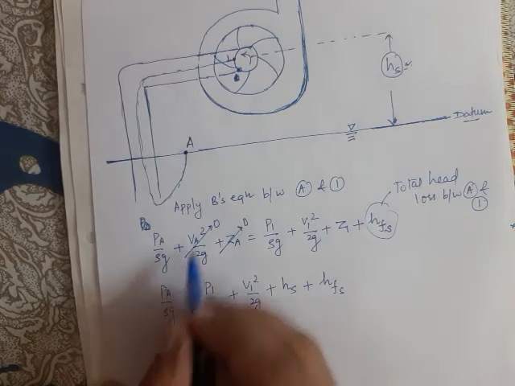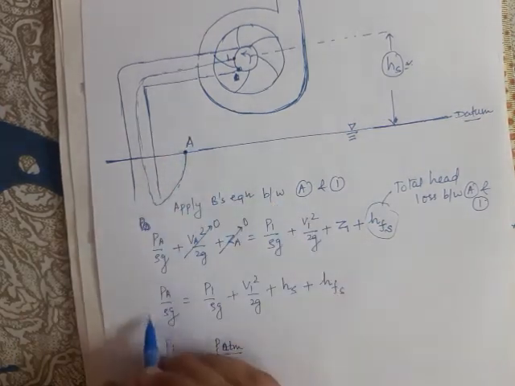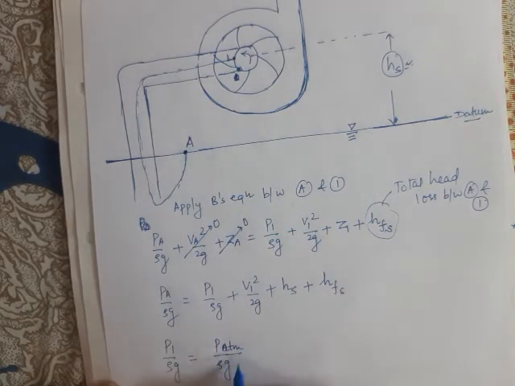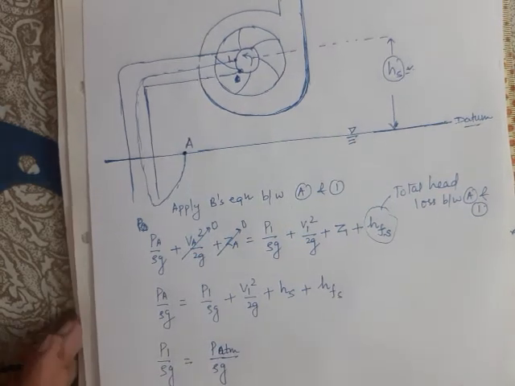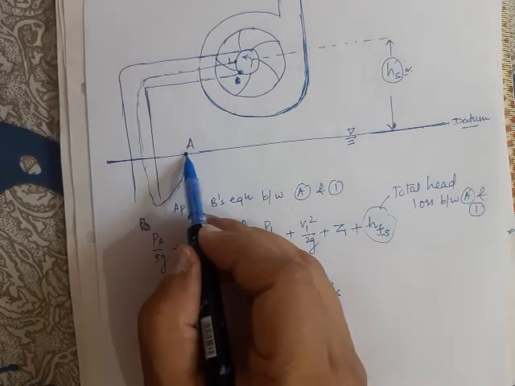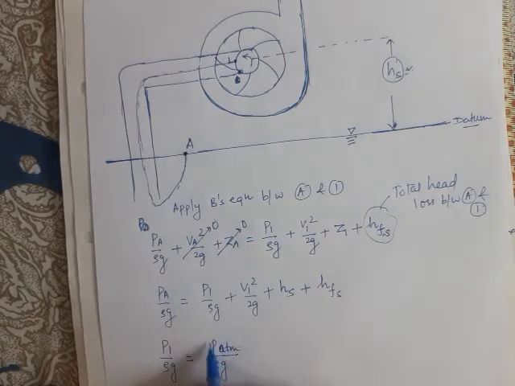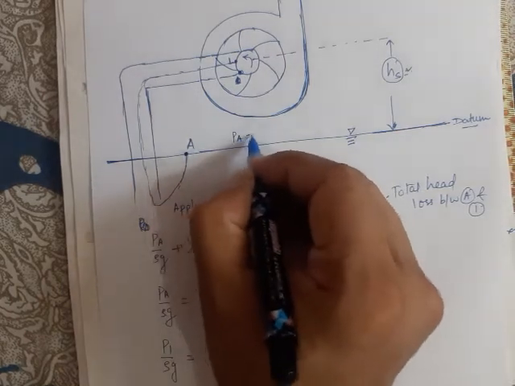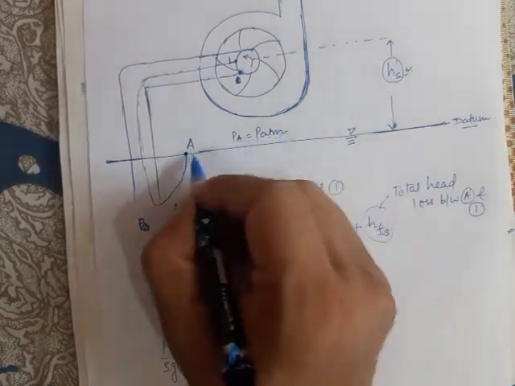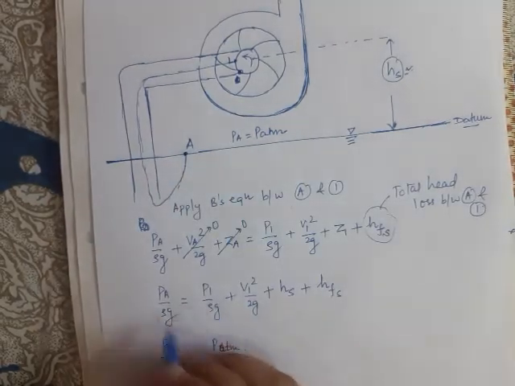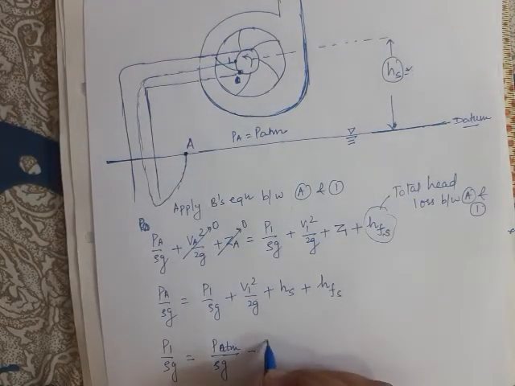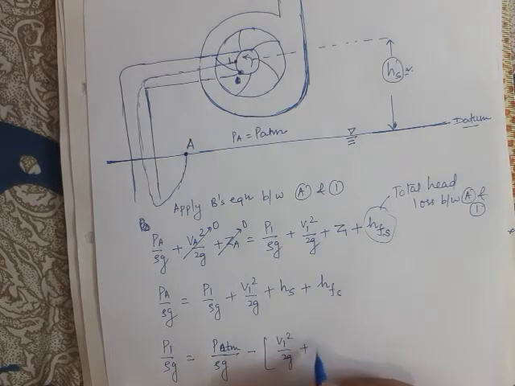The pressure at point A is the atmospheric pressure, so PA is denoted by PATM. So P1 by rho g will be PATM by rho g minus V1 square by 2g plus HS plus HFS.